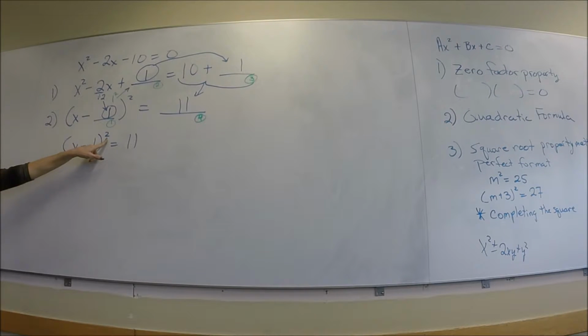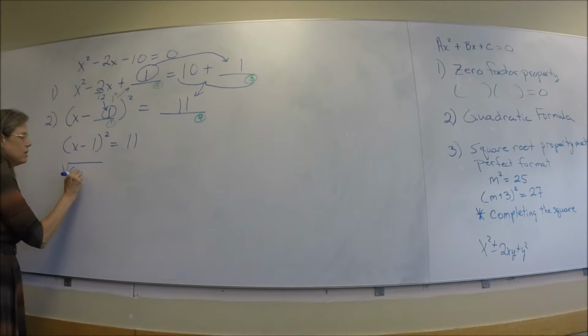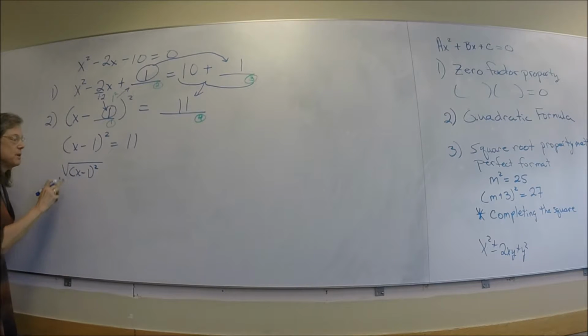I'm trying to get rid of this 2. And so this is being squared, so the opposite of that is square root. So I'm going to take the square root of this, because when this and this match, this falls out as our answer, okay?